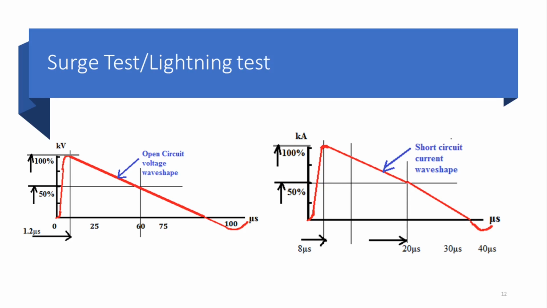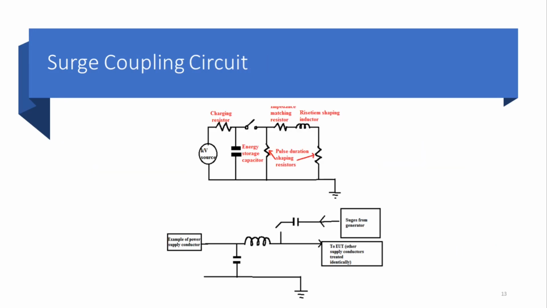The surge coupling circuit. The test procedure requires you to take the following steps. So you can see before you the coupling circuit. That's the surge generator, and this is the coupling circuit. So the testing is done in the following way. Apply at least 5 positive and 5 negative surges at each coupling point. Wait for at least a minute between applying each surge to allow time for any protection devices to recover.